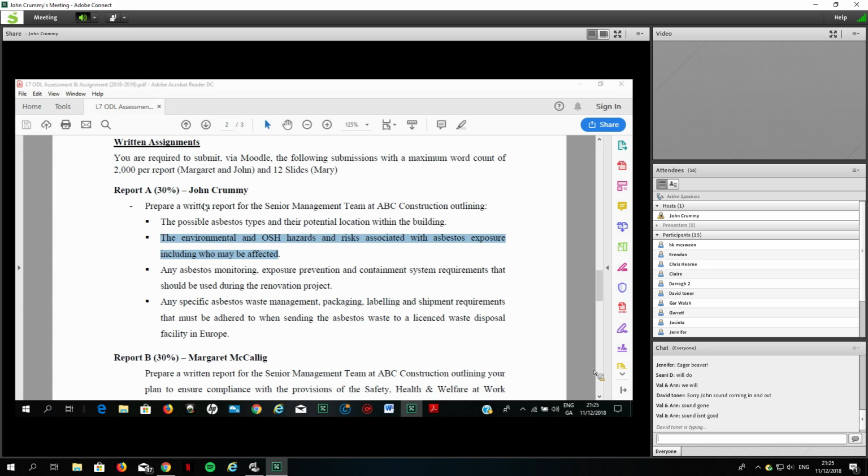Sound isn't good. Lost the sound there at the moment. Can anybody else confirm if the sound is bad as well, or if the sound is okay? David, if it's only with yourself that the sound problem is, you might need to log out and log back in again, and that hopefully might solve it.